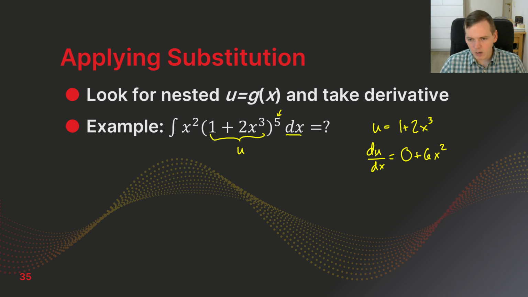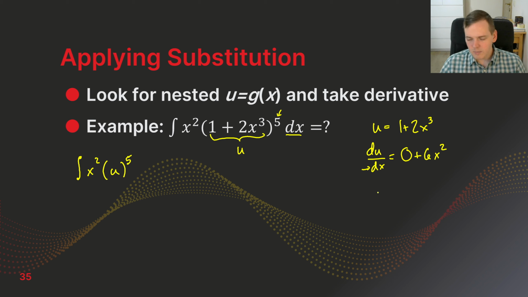I'm going to have problems because if I just substitute in, I get x squared times u to the 5th, and then normally I'd still have the dx here, and I've got an x here, and I can't work with multiple variables. So instead what we're going to do is solve for this dx so we can substitute in an equivalent version.